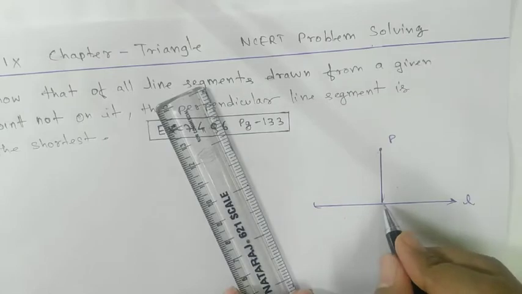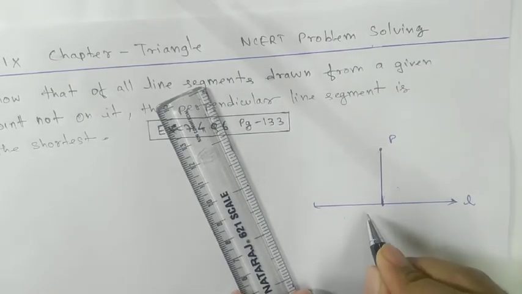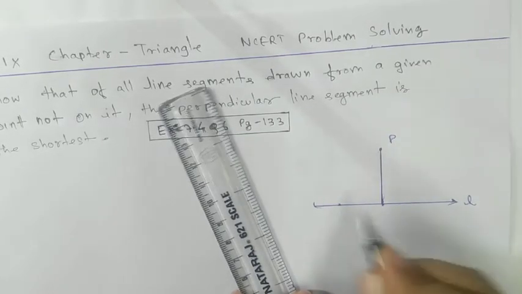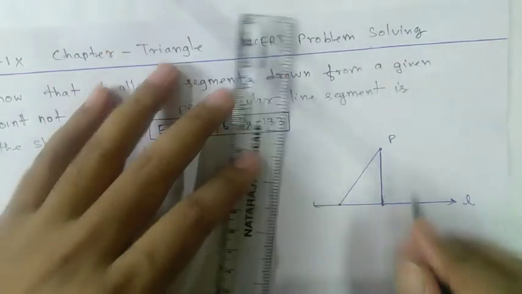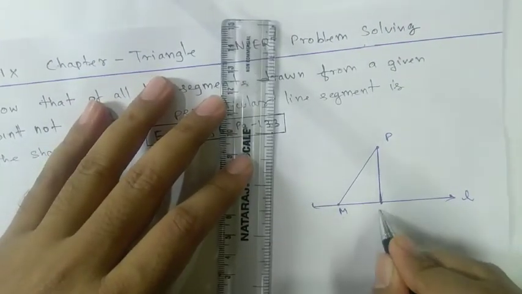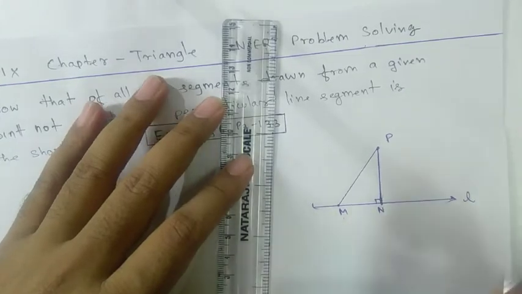Okay, so we'll take 2 points. We'll take this one point, we'll take another point. Okay, so take this one, give a name, this is your M and this is your N, and this is your 90 degree.